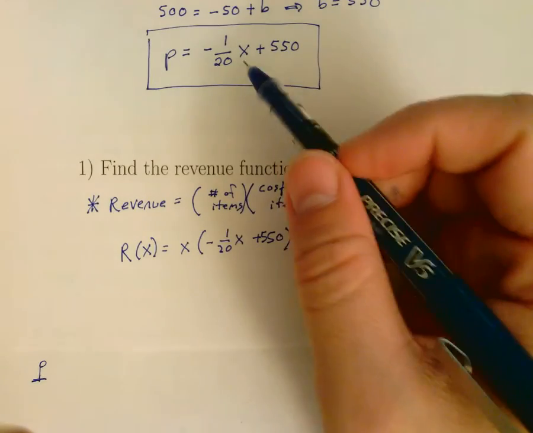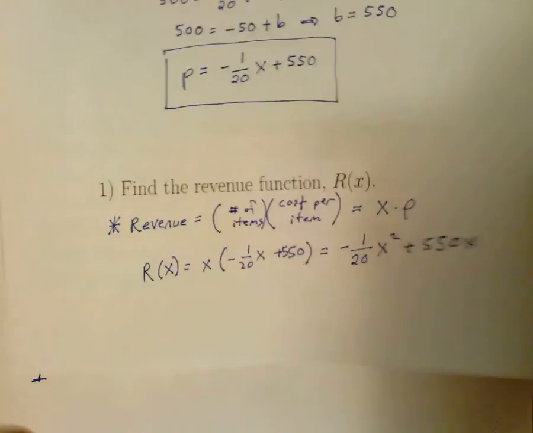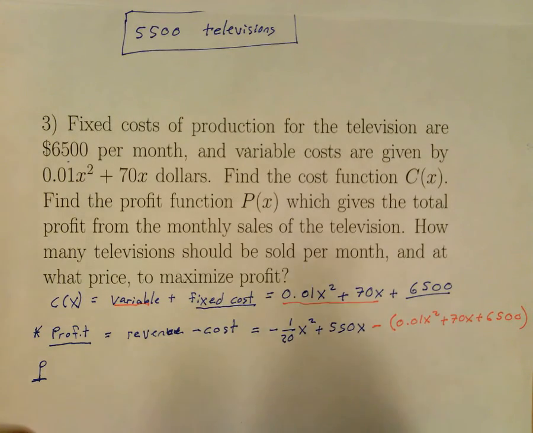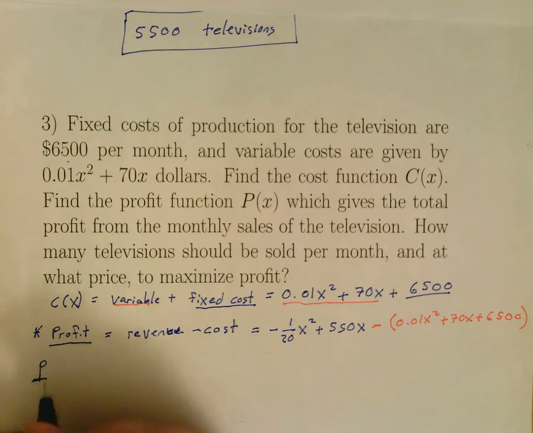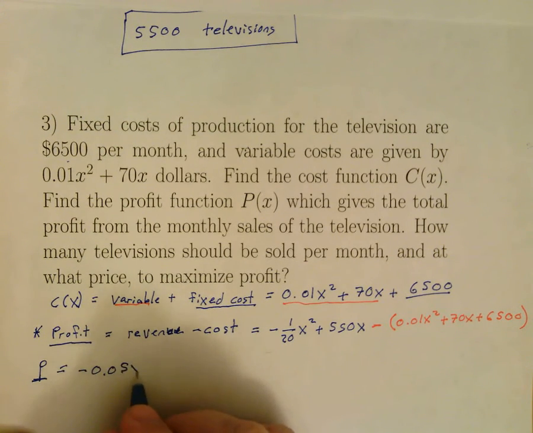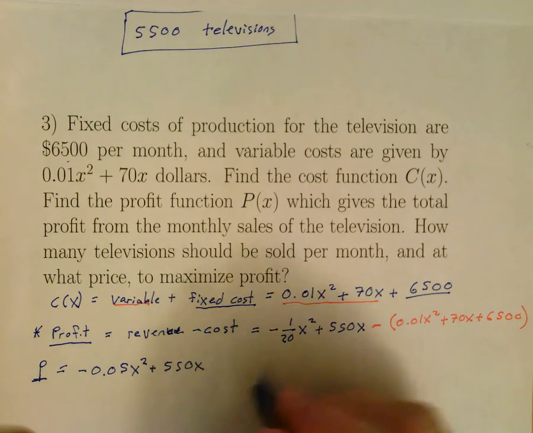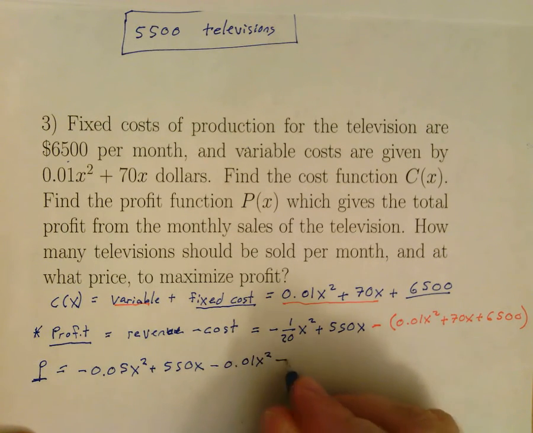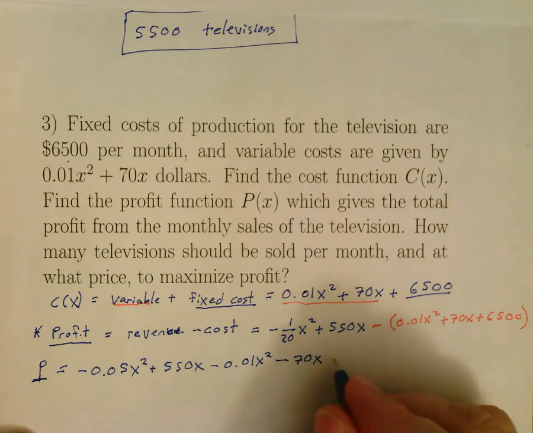The lowercase p is the price, right, from the demand. So we use P's for everything in this class, so it sometimes gets confusing. This is now profit. So my profit is going to be negative 0.05x squared plus 550x. This is going to be minus 0.01x squared minus 70x minus 6,500.